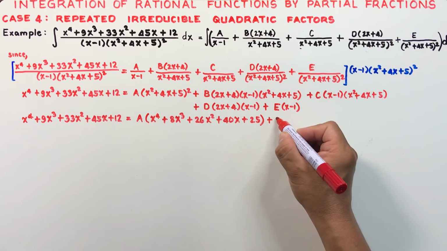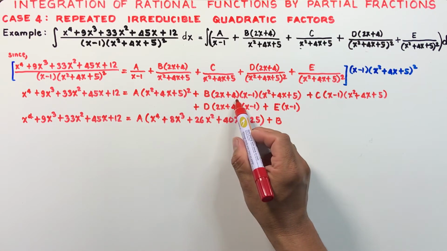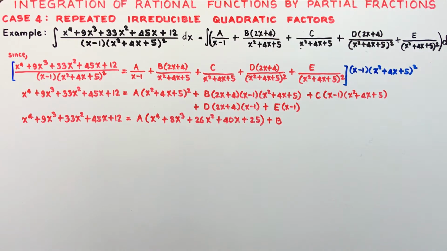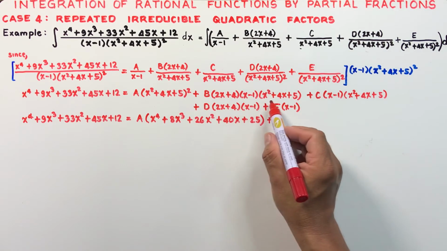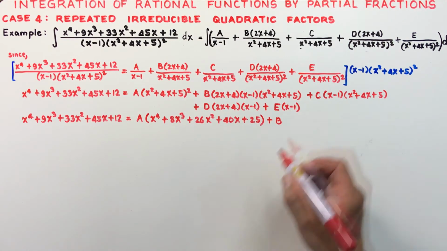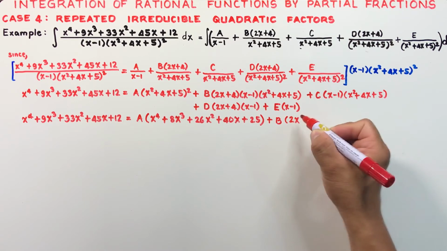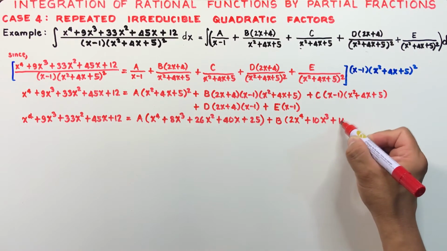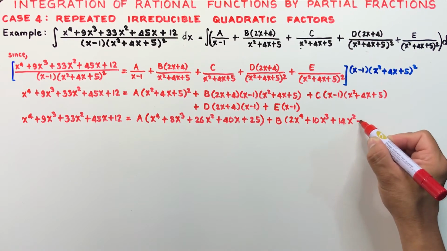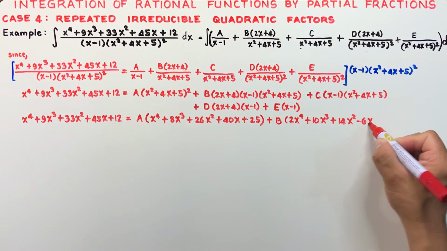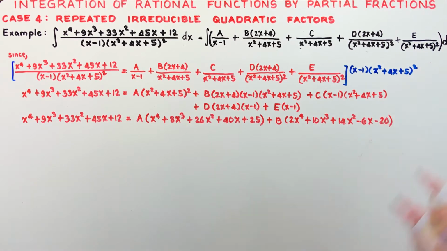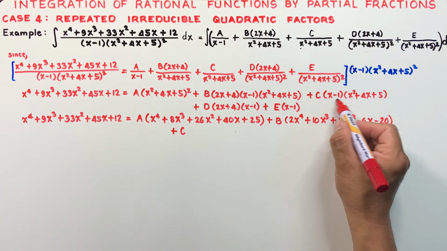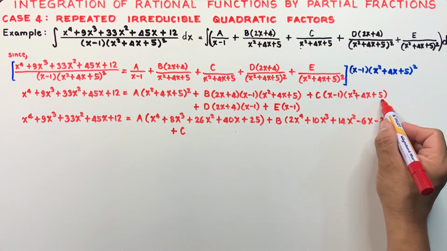And then this binomial when multiplied by this binomial, the result is a trinomial. And this trinomial, when multiplied by this trinomial, we have 2x to the fourth plus 10x cubed plus 14x squared minus 6x minus 20. And this is added to our c times the product of this binomial and this trinomial.